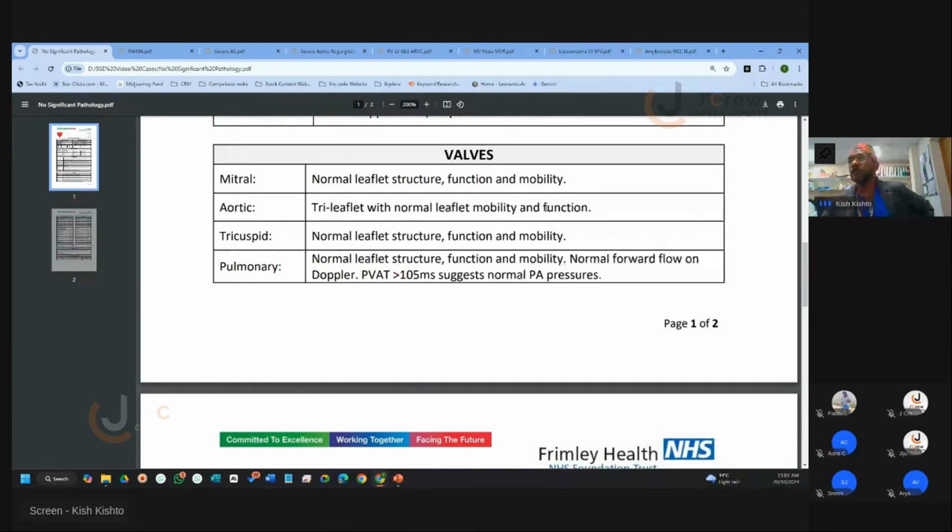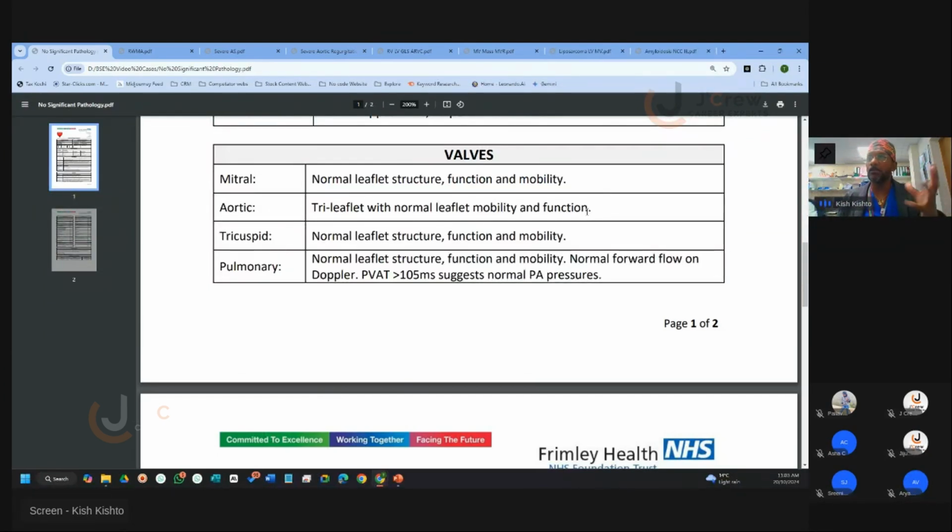Okay, so the aortic is tricuspid aortic valve with normal leaflet mobility and function. Again, here I tend to word it a bit differently. Sometimes I would just say tricuspid aortic valve, good opening of all the cusps or scallops.